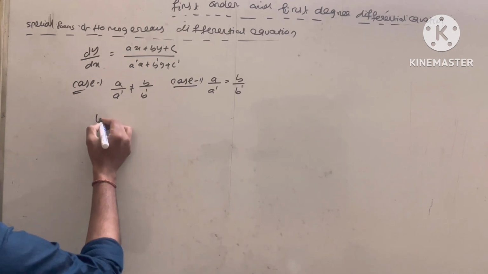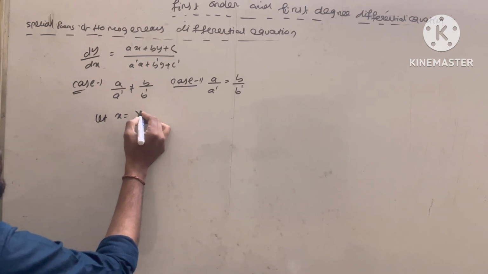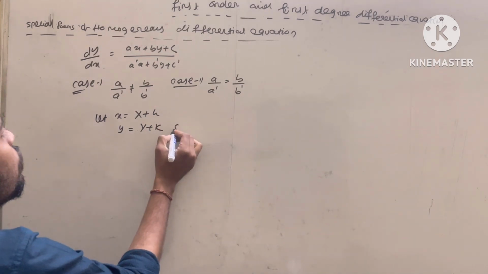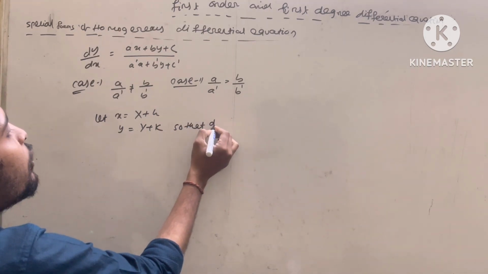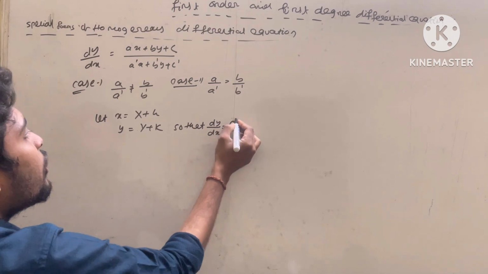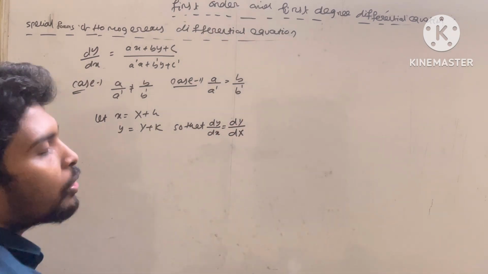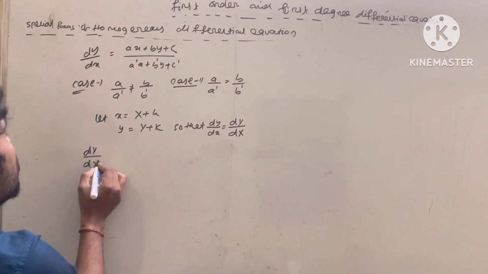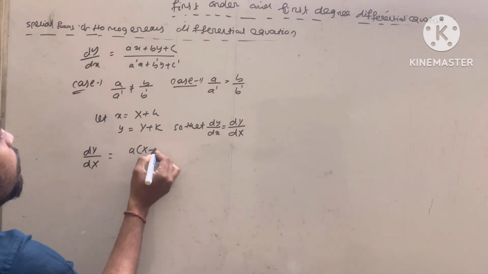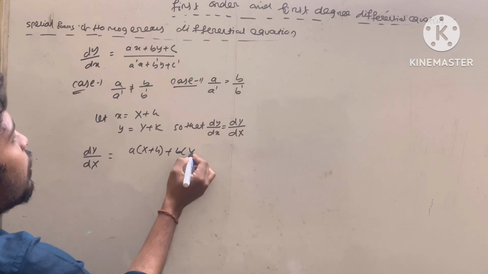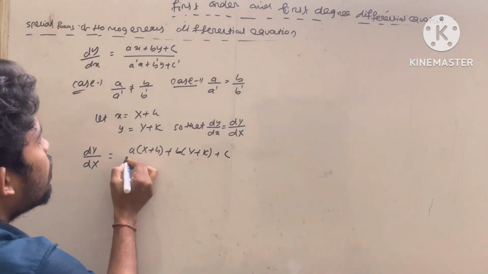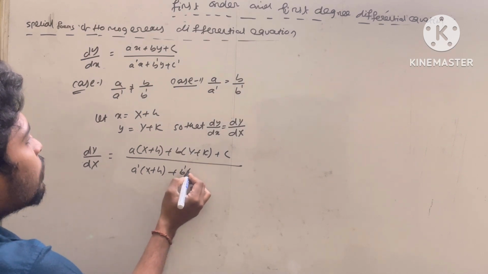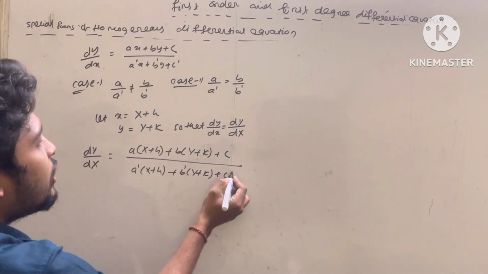In that case, you have to take some assumptions. Let x equal capital X plus h and y equal capital Y plus k, so that small dy by dx becomes capital dY by dX. So capital dY by dX is (a(X + h) + b(Y + k) + c) divided by (a'(X + h) + b'(Y + k) + c').